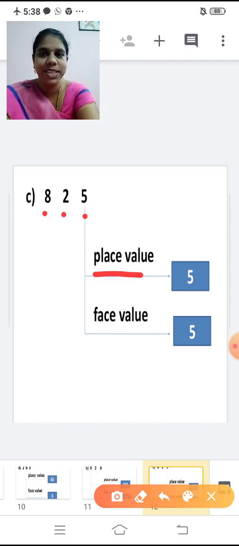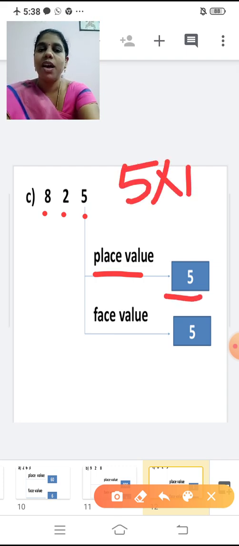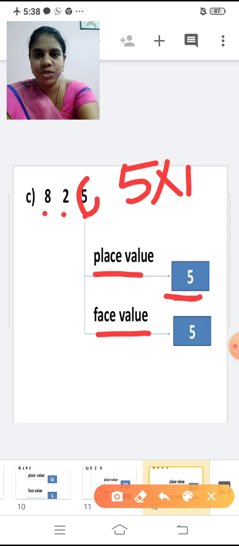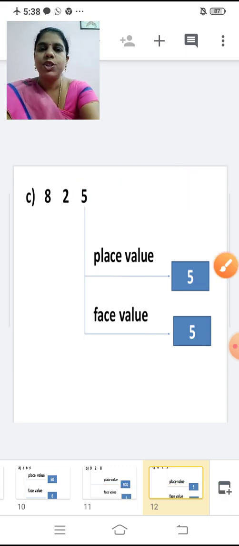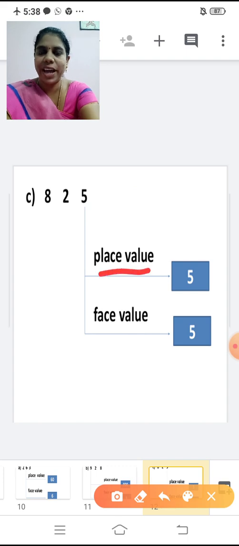So 5 ones. 5 into 1, 5. And face value, what digit we are having? 5. So write that 5 directly. Place value for 5 is 5 as it is in the ones place, and the face value is 5.